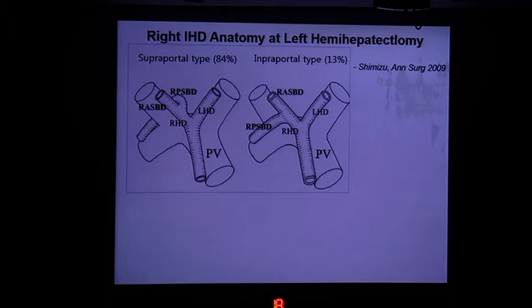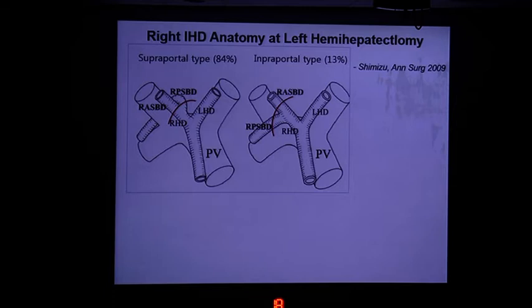This is the relation between the right IHD and the portal vein. If the right IHD, especially the right posterior bile duct, goes up through the portal vein, it is called supraportal type. If the right posterior bile duct goes beneath the portal vein, it is called infraportal type.